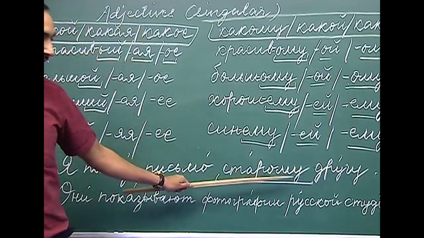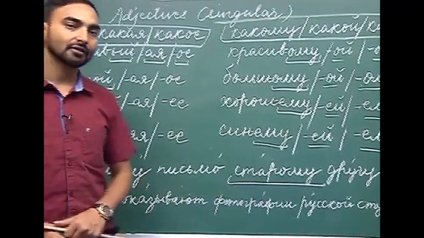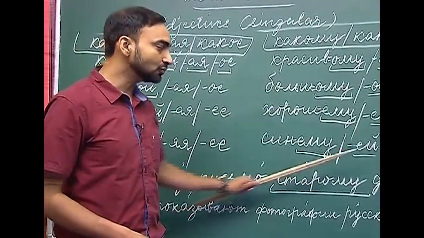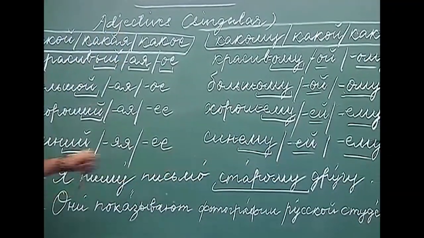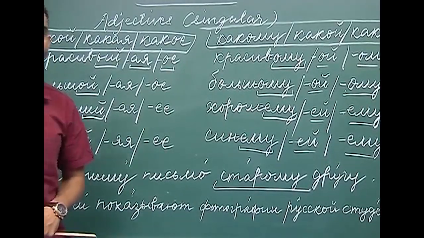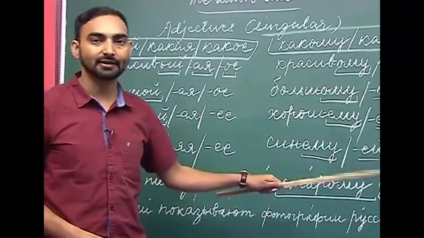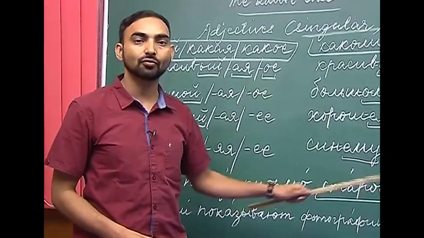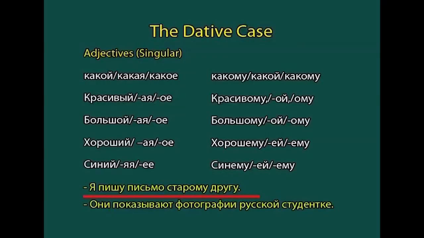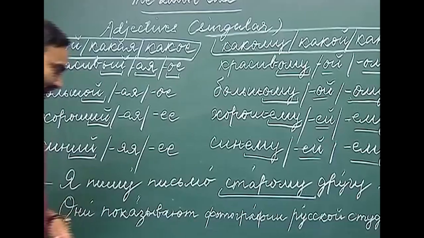If I have to ask a question for the adjective, the question would be: kakomu drugu vy pishete pismo? To which friend are you writing a letter? Staromu will be the answer to kakomu. Ya pishu pismo staromu drugu.